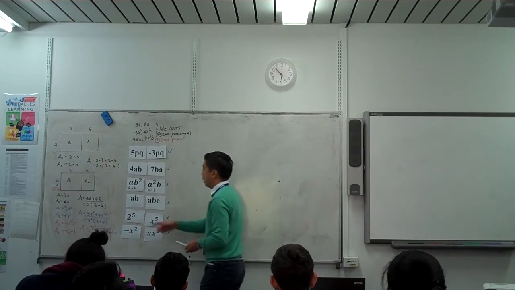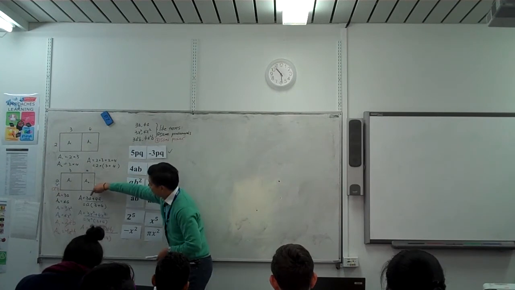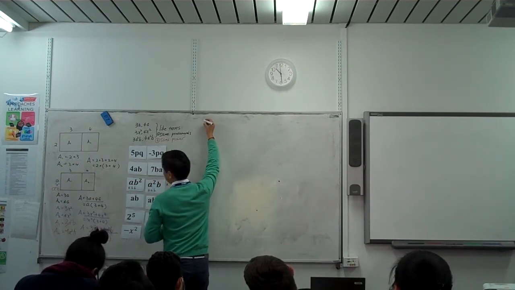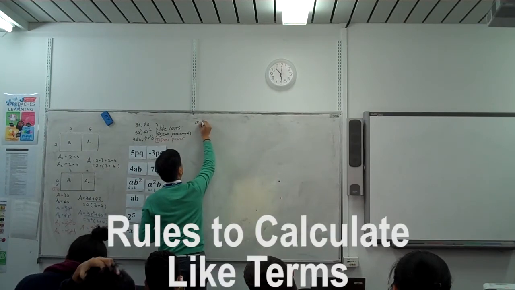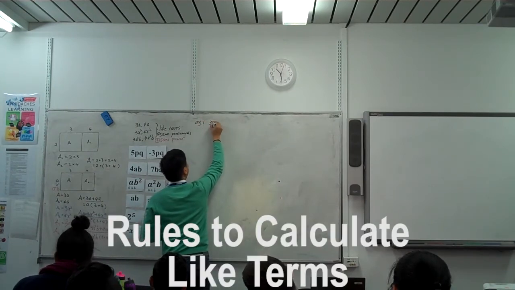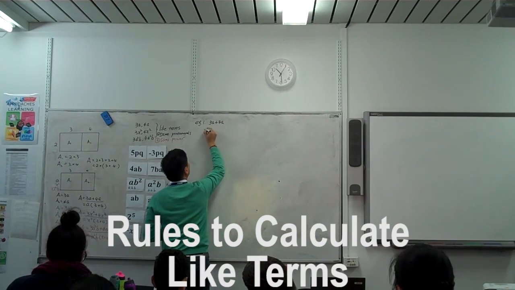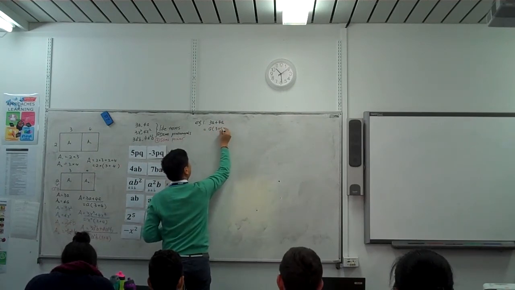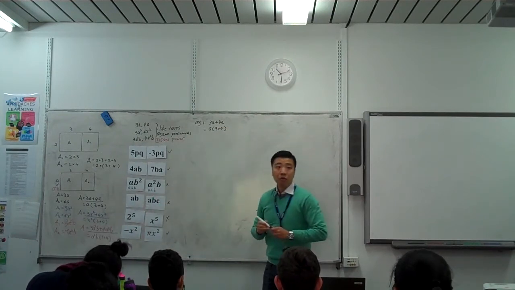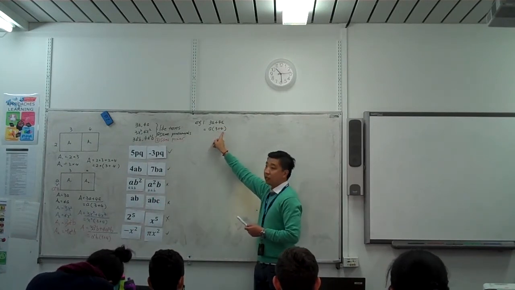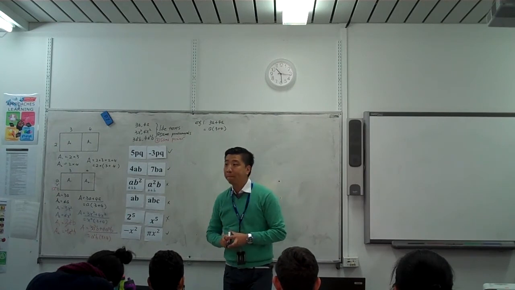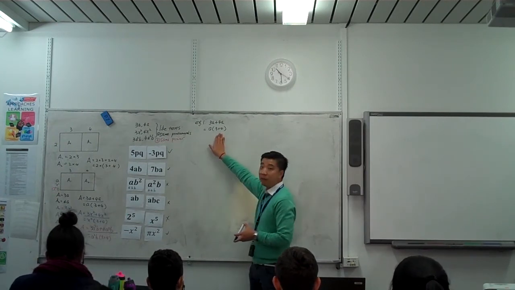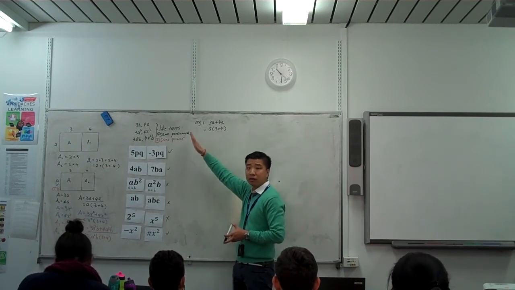Now we want everyone to have a look at from here to here. 3a plus 4a becomes the one, right? So let's have a look at this example. Example 1. So 3a plus 4a equals a, 3 plus 4. Now, like what I said, 3 plus 4, is that a number? It's a number. So where do we normally put the number, at the back or in the front? In the front.